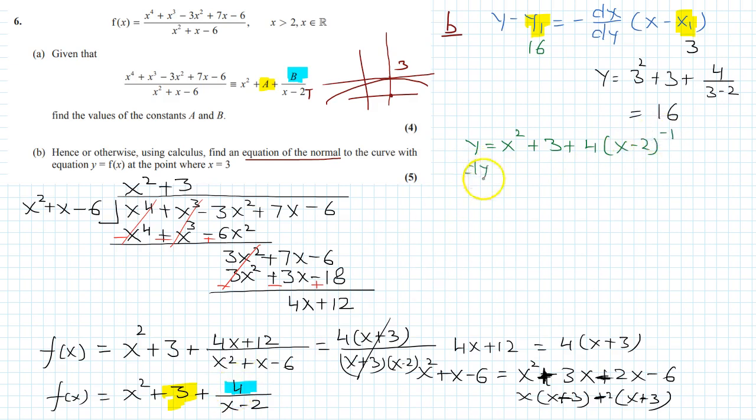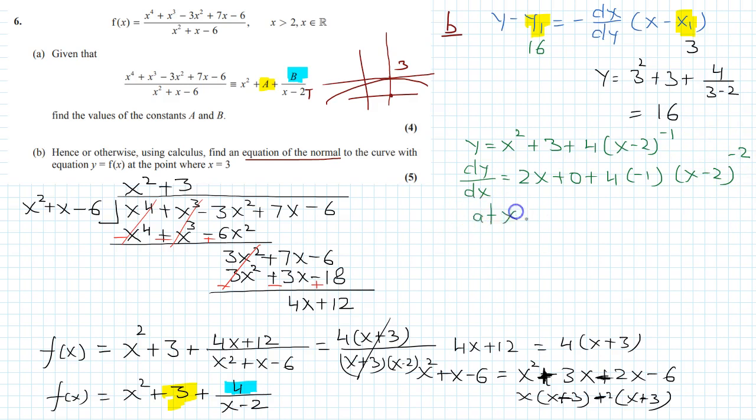So dy over dx is 2x plus 0 plus 4 times minus 1 times (x minus 2) to the power minus 2.